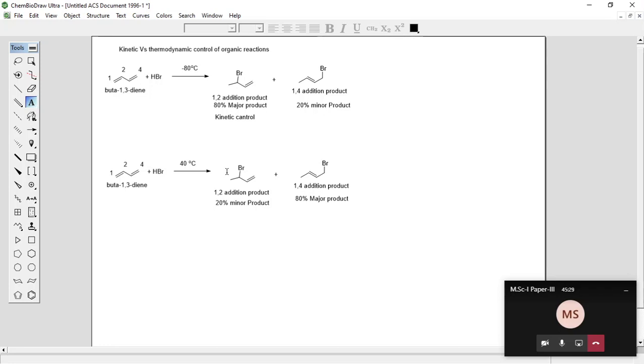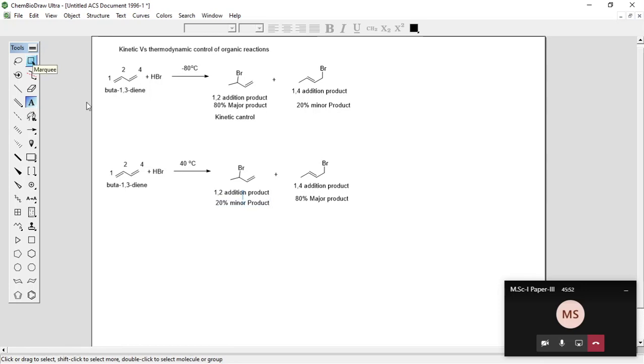The 1,2 addition is kinetically controlled, and at higher temperature the 1,4 addition, the most stable product, is preferred. Thus this second reaction is thermodynamically controlled.